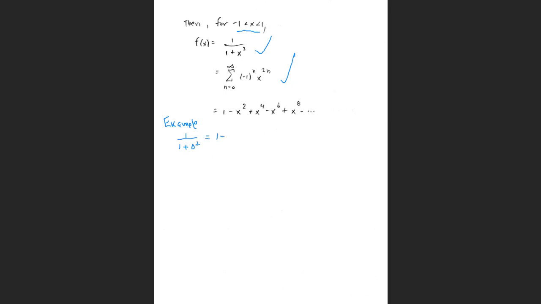Is that equal to 1 minus 0 squared plus 0 to the 4th minus 0 to the 6th plus 0 to the 8th minus and so forth? Is that true or false?